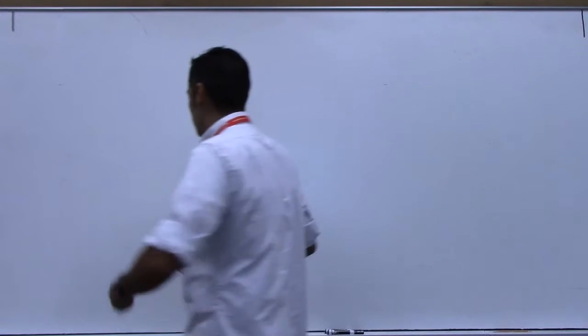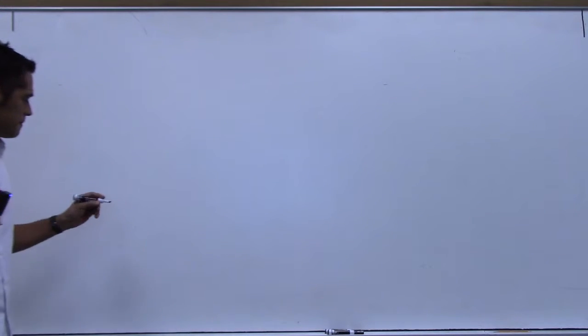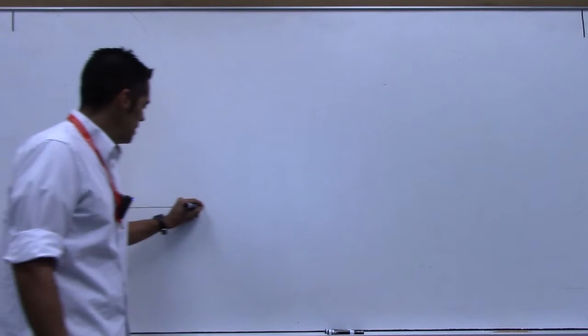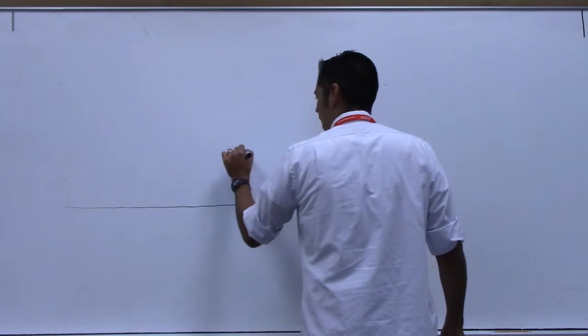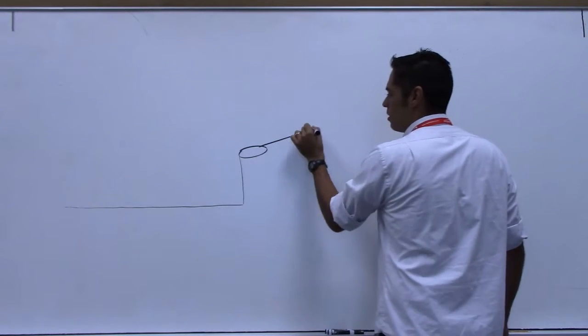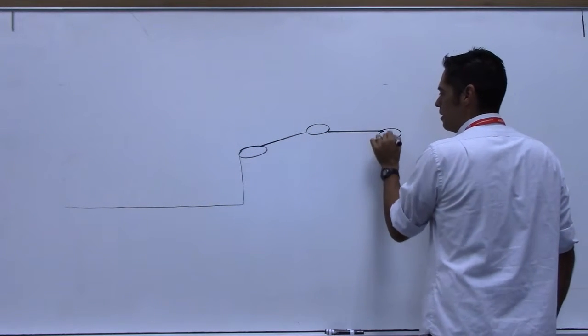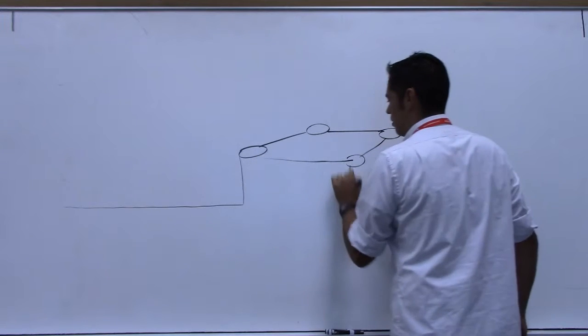One of the examples I like to give is, if you look back in history, please don't get jealous of my art skills here, okay, as I draw this. This is a castle, okay?